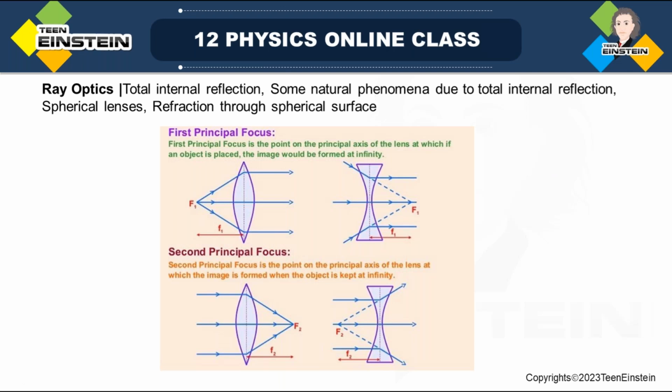Okay, the terminology. We have learned already principal focus, optical center, radius of curvature, center of curvature. Now one important point here is the focus. In case of lenses there are two foci. The singular form is focus, and when it is plural they are called foci, F-O-C-I.